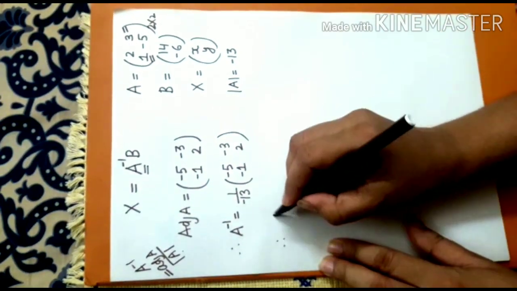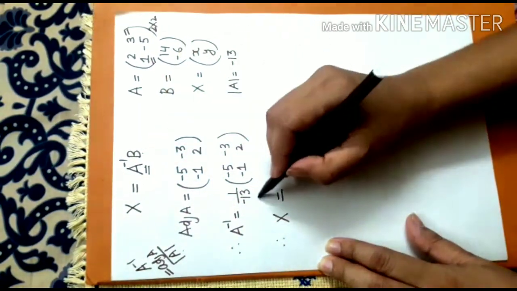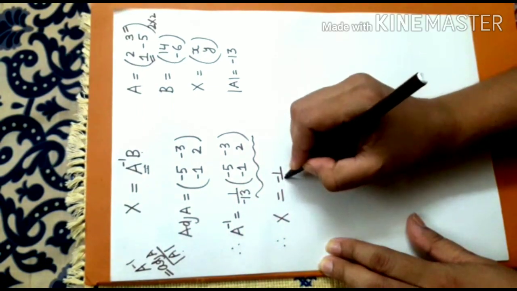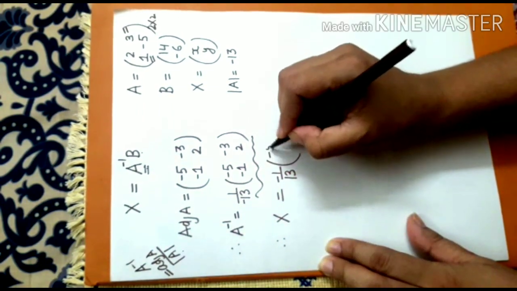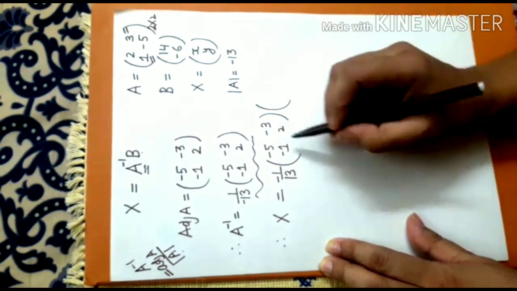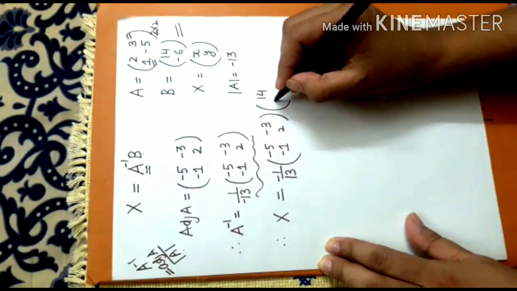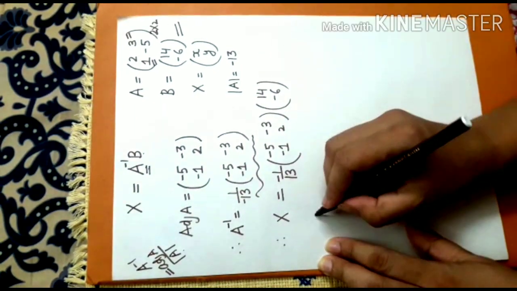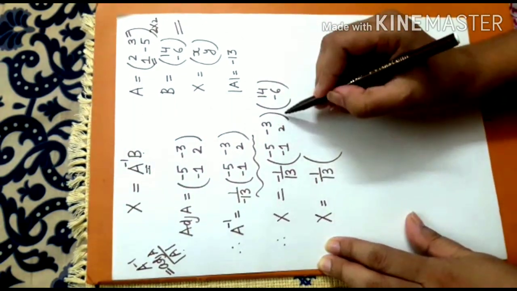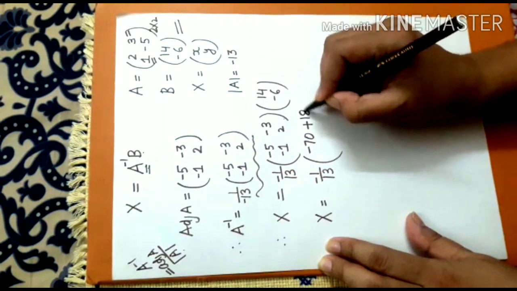So therefore, X is equal to A inverse B. Substitute the value of A inverse here. So it's minus 1 over 13, matrix minus 5, minus 3, 2, 1, into the matrix B. And B was this matrix, 14, minus 6. So X is equal to, yes, multiply these two matrices.